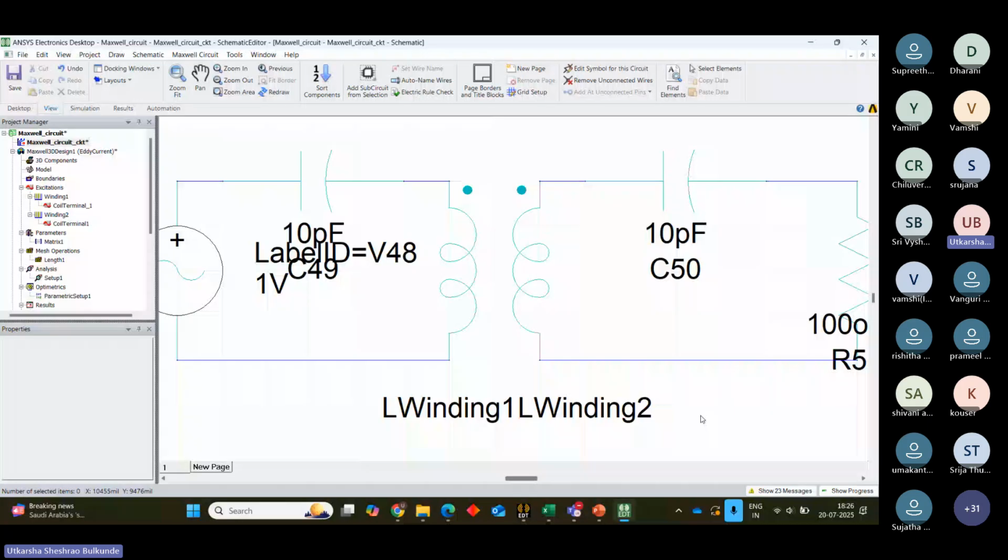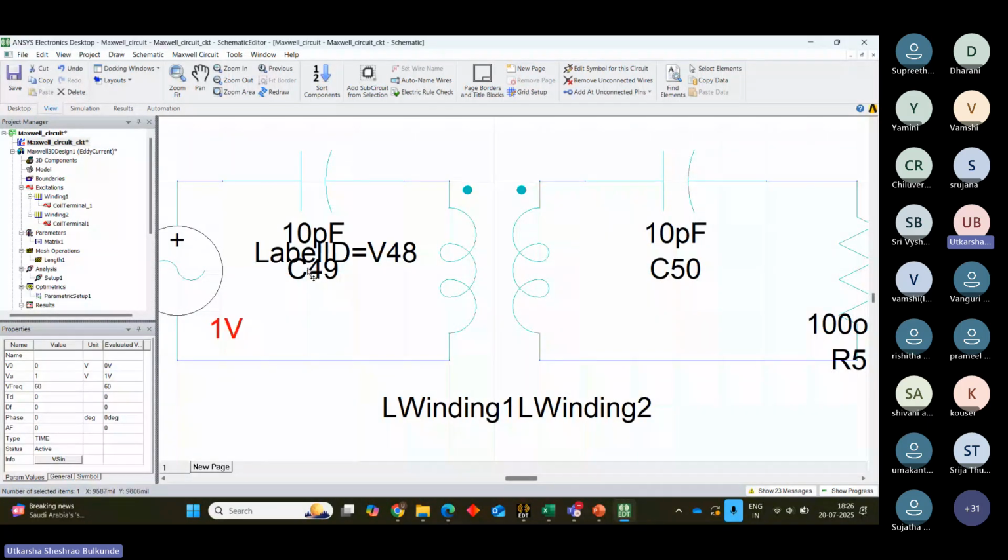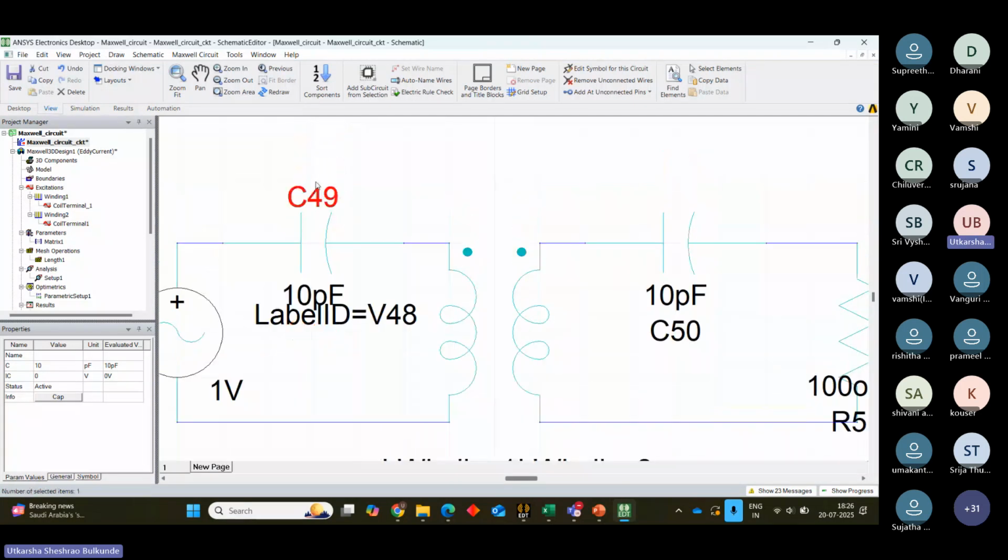So now your circuit is ready. This is the circuit that we have just seen. So you know how you have got this circuit, right? You can just adjust the names and all. Okay, fine.